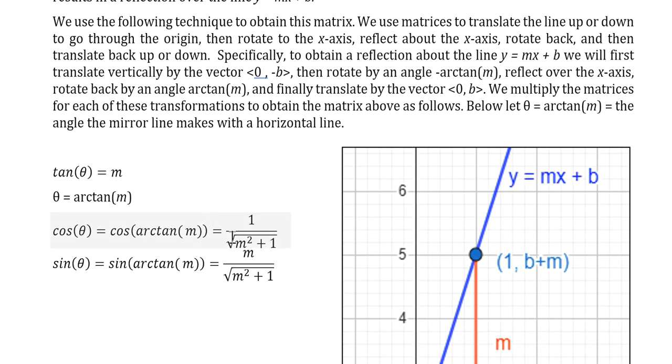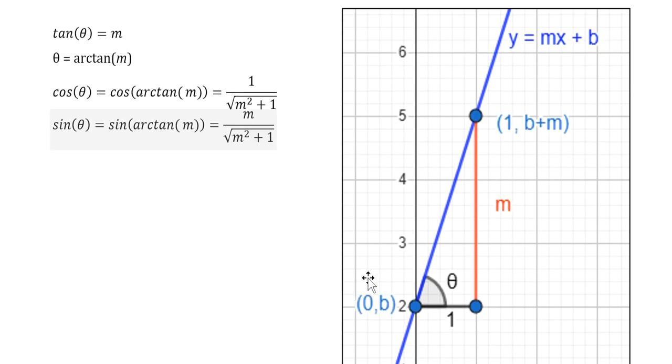So a couple of things here I want you to notice is that when you have this angle theta, the slope of this line is how much you go up or down when you go to the right one. So it's this red signed length. If it's going up as you go to the right, that's a positive slope. If it goes down as you go to the right, that's a negative slope. So this is the slope here.